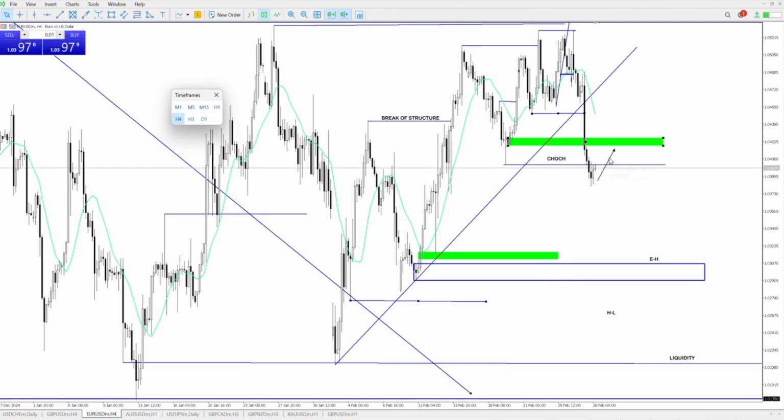So for today, if you are looking to short Euro USD, you need to wait for price to retrace back into this particular zone, at least midpoint into this zone. Then you place a sell entry leading to this order block on the daily time frame, on the 4 hour time frame, right?